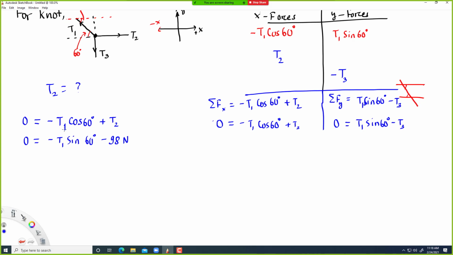So we don't know T1, so think about how to eliminate T1 from both equations. So what would you do to eliminate T1? There are a bunch of ways you can do that. Okay, so you can bring this term to the left, so you can write that as T1 cosine 60 degrees is equal to T2, and then you can write this one as T1 sine 60 degrees is equal to 98.